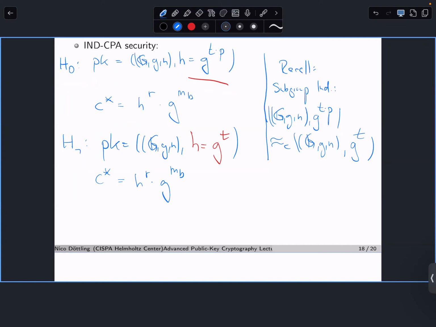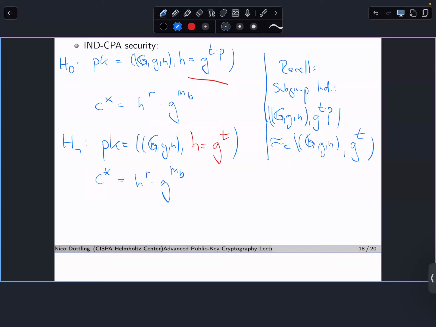The reduction gets an instance of the subgroup indistinguishability assumption and just uses this group, this generator G and H, together with H as a public key, and does everything else as the IND-CPA experiment would do. If our H is of the form G to the T times P, then we simulate H0 faithfully. Whereas if it's of the form G to the T, we simulate H1 faithfully.